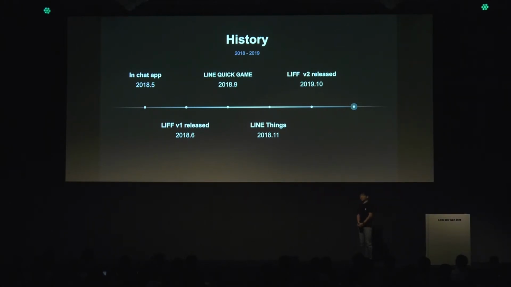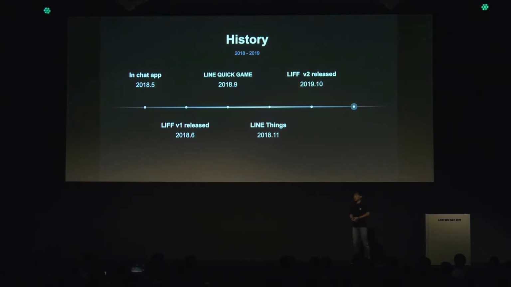Next, I would like to look back on its history. LIFF can send GIF animation to the chat, and this was released as the first version in-chat application using LIFF. And as LIFF version 1, it was released as an open platform. After that, LINE Quick Game, games created on the web using the LIFF platform, there have been many games provided.